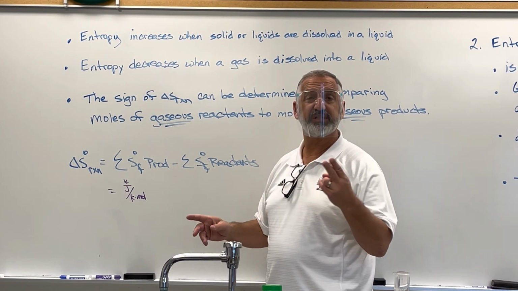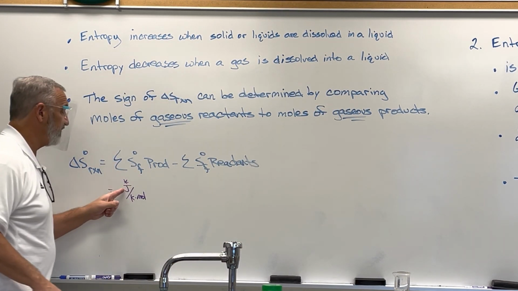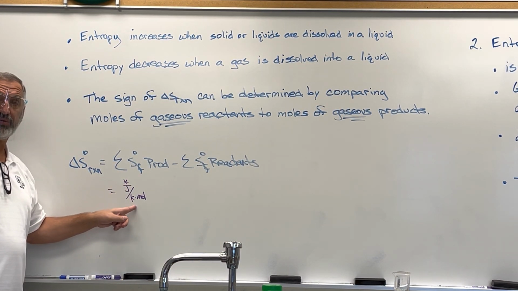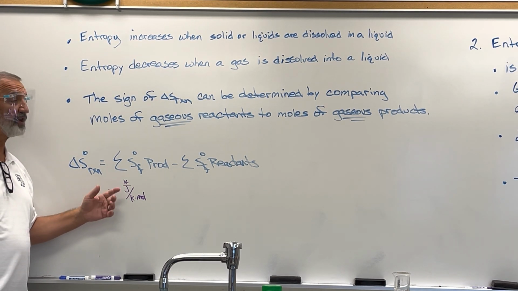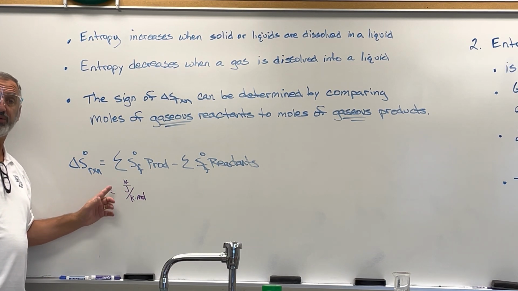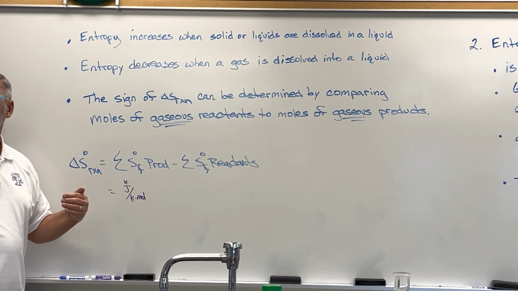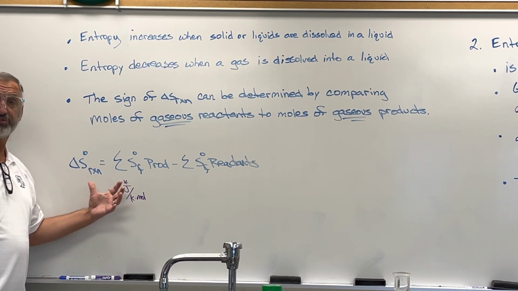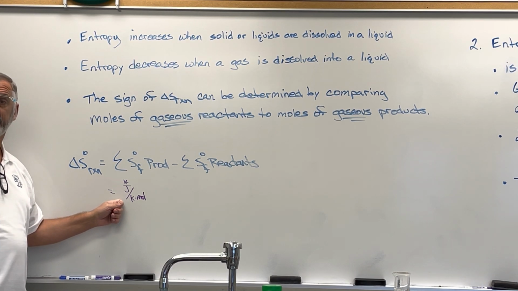The only thing to pay attention to is that the units on entropy are joules per Kelvin mole, whereas delta H is in kilojoules, and we're going to learn about delta G today. That's in kilojoules. So when we do anything that combines them together, we have to make sure the units match up. You change either the kilojoules to joules, or the joules to kilojoules. Usually we change joules to kilojoules on this one, and go from there.